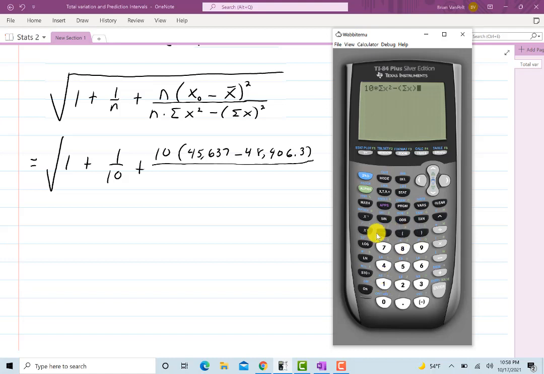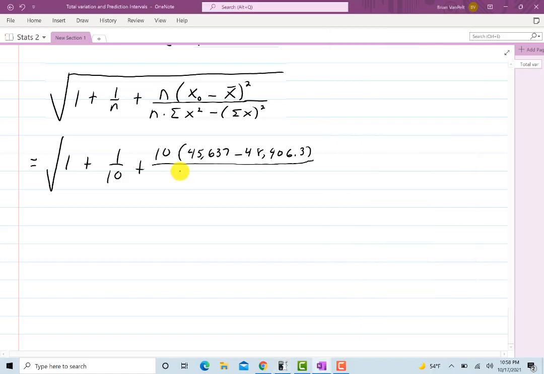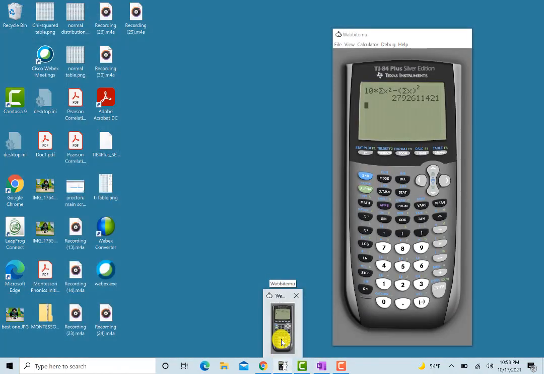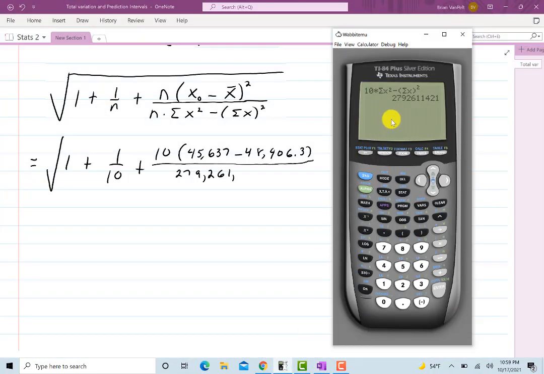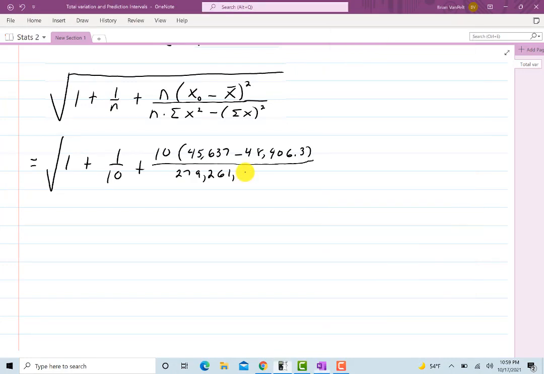Finish it off, put the square, and let's enter. 279,261,1421.